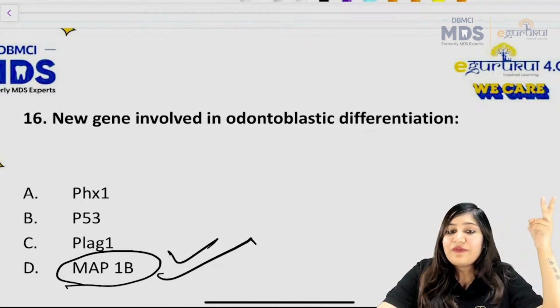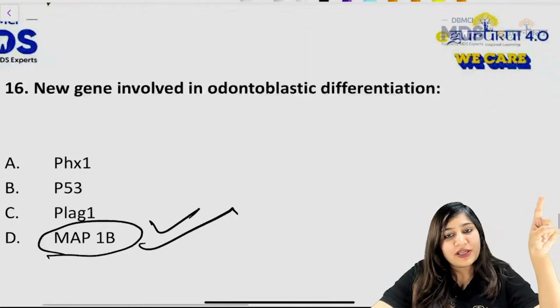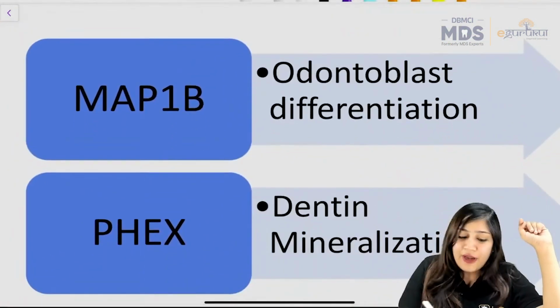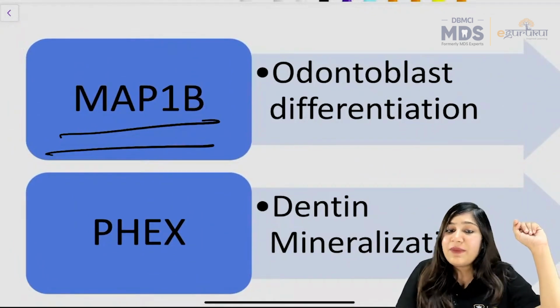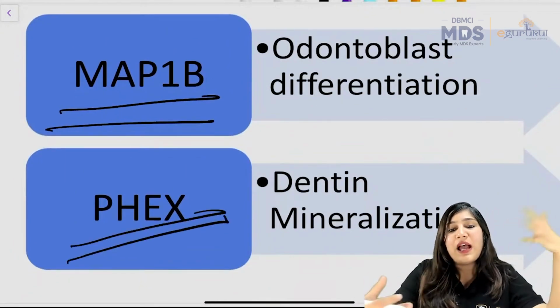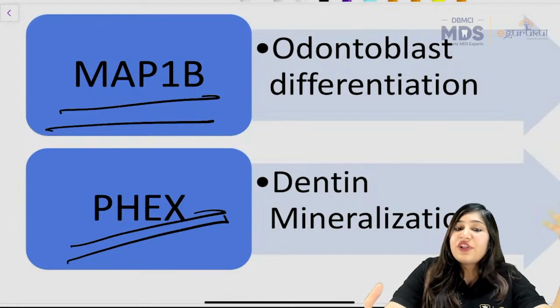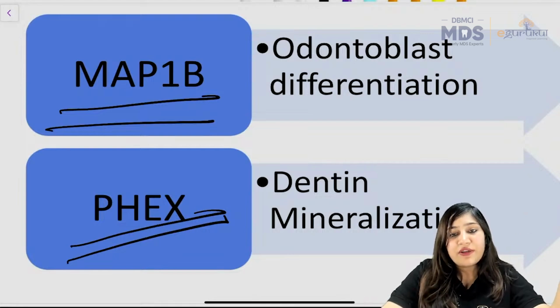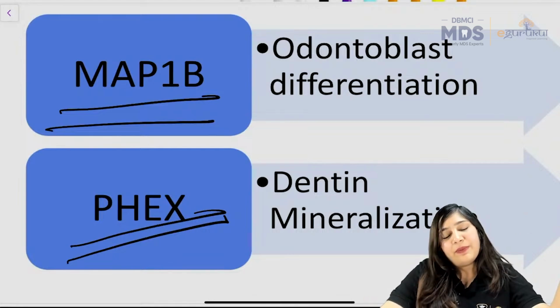For matrix formation, first we need odontoblast differentiation. So for odontoblast differentiation, we have MAP1B gene, and for dentine mineralization, we have PHEX gene. So you can be asked either way. Which gene is involved in dentine mineralization? Then PHEX gene. Or which gene is involved in odontoblast differentiation? Recently asked question, which is MAP1B.